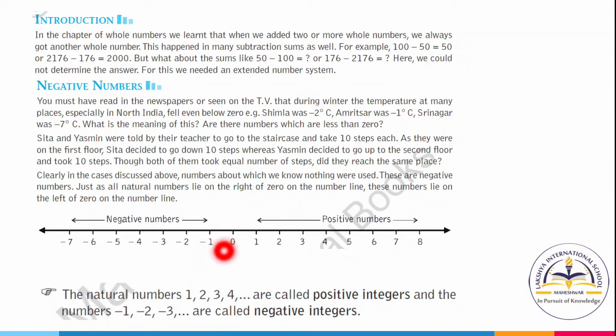And on the left side of 0, -1, -2, -3, -4, -5, -6, -7. These all are negative numbers. The natural numbers 1, 2, 3, 4 are called positive integers, and the numbers -1, -2, -3 are called negative integers.